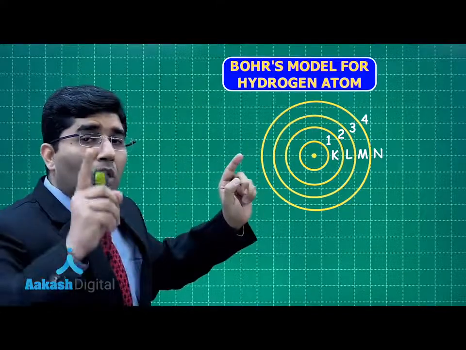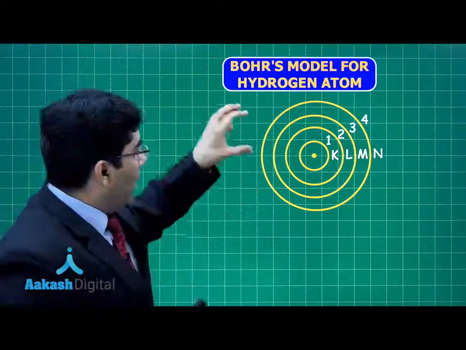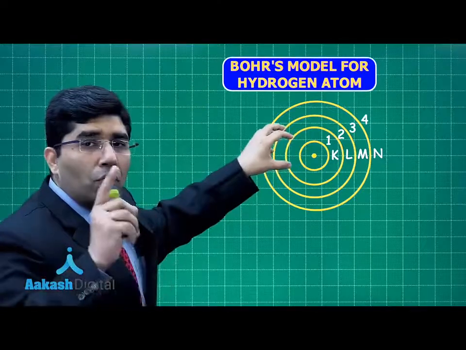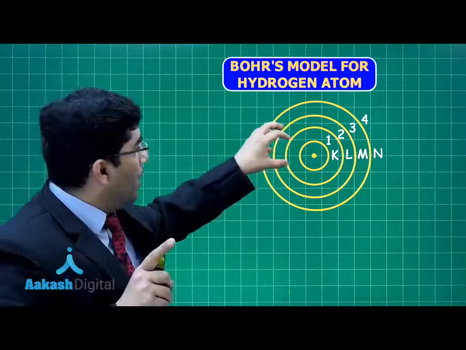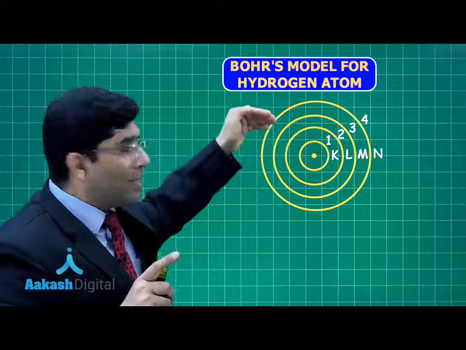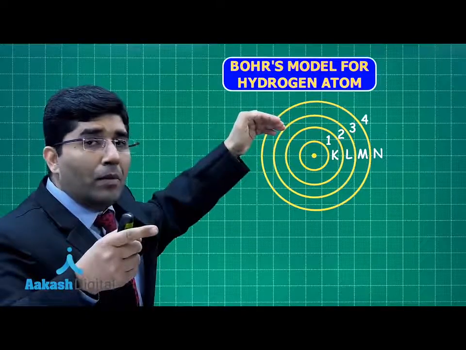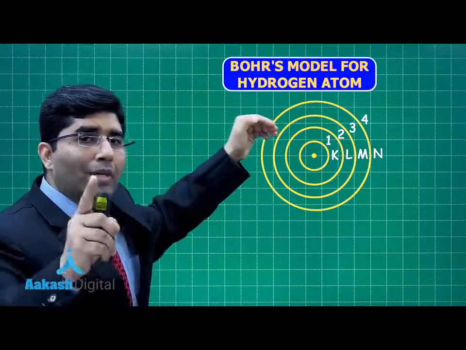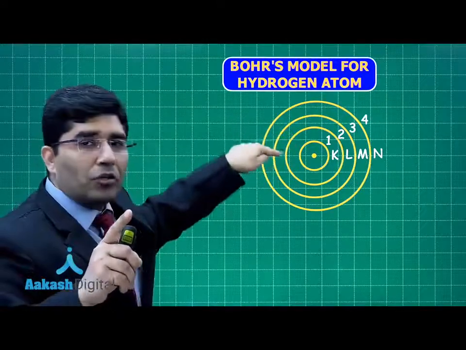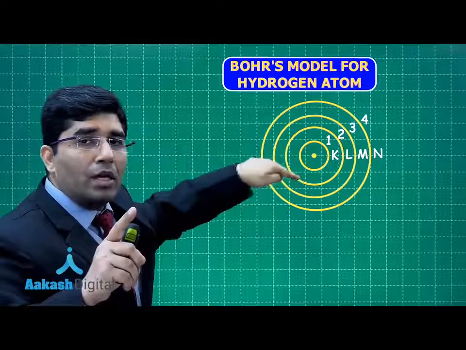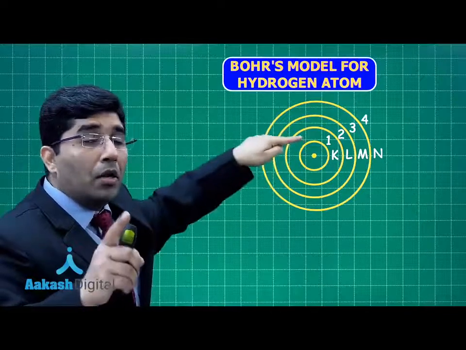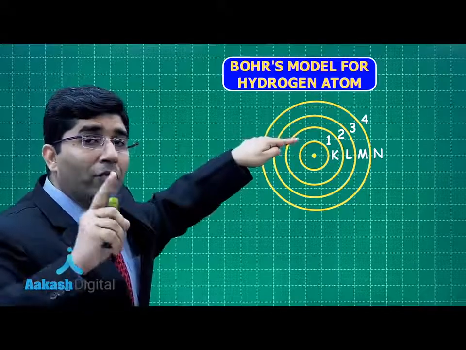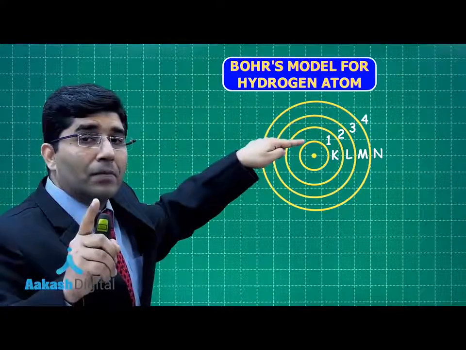If we talk about the quantization, the energy of the first orbit will be constant and then the energy of the second orbit will again be constant. The electron will move around the nucleus either in the first shell or in the second shell or in the third shell, but not in between these shells.